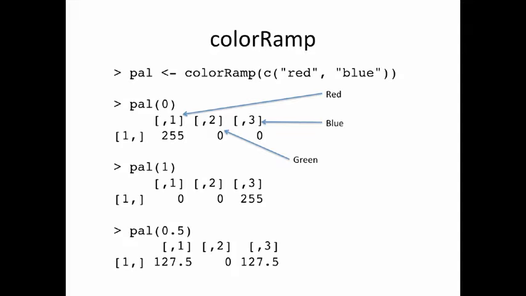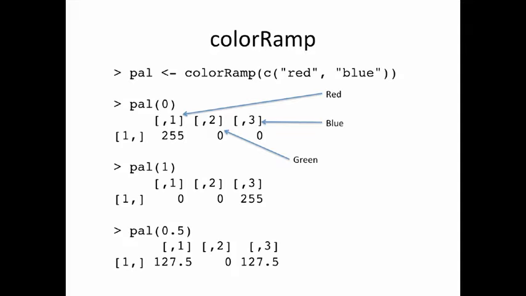I get a little matrix here with 1 row and 3 columns. And the 3 columns represent the colors red, green, and blue. And so in the first column, I've got 255, which is the maximum value that I can have for these colors. The numbers that you can specify go between 0 and 255. So there's 256 total numbers that you can specify for each color.